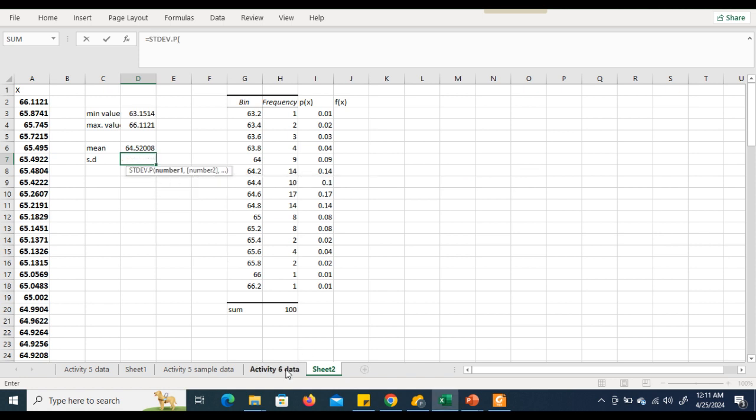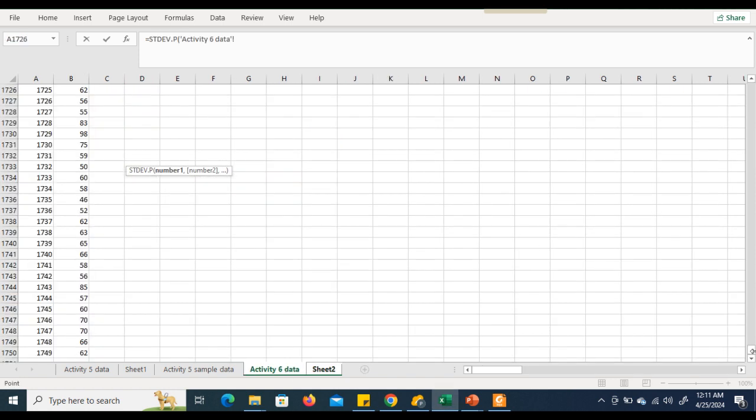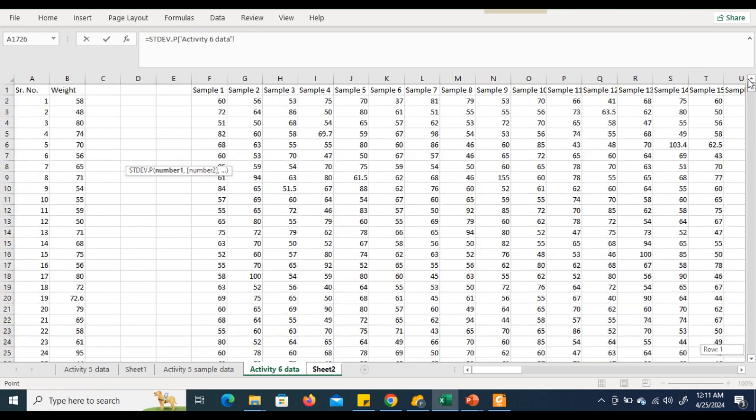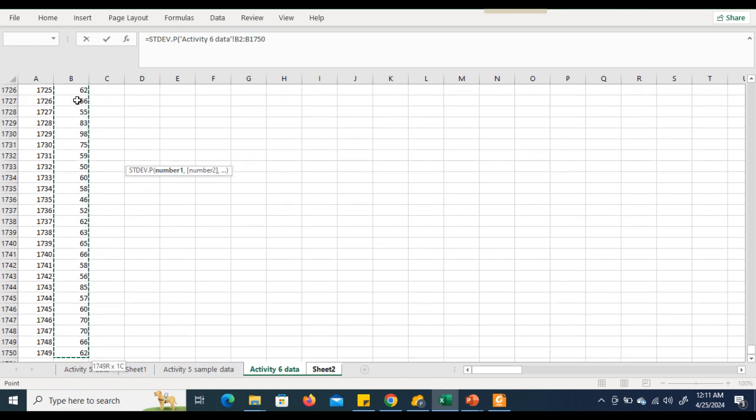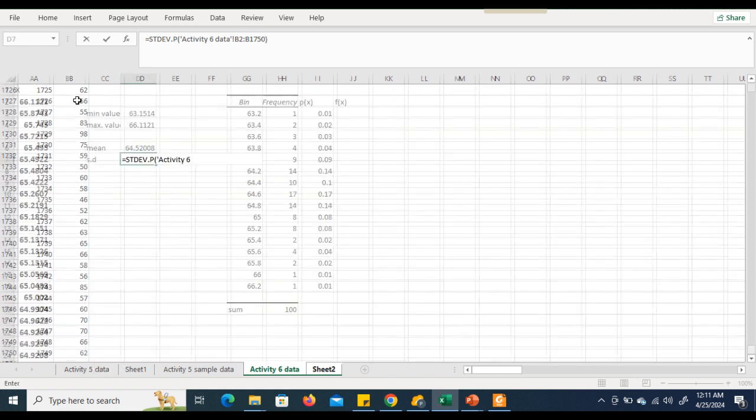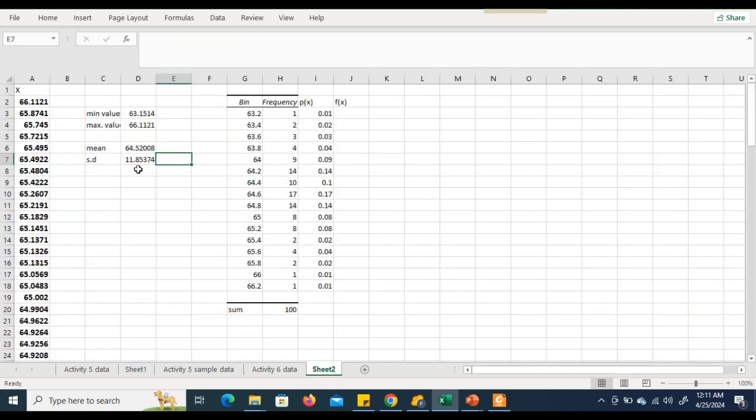Again we come to the population data, press control shift down key, and here we can get the standard deviation. So we have come to the actual population data and selected the entire data, right?